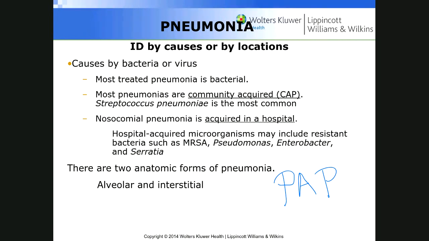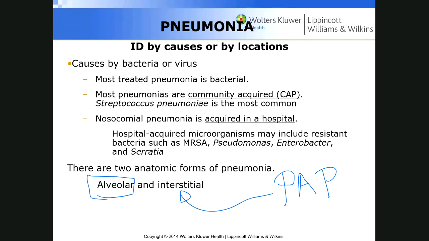If it's between the alveoli, we call that interstitial pneumonia. The primary atypical pneumonia, typically Mycoplasma, is the one where we see pneumonia in between the alveoli, the interstitial. Okay, Streptococcus or Staph don't tend to develop the interstitial type, but more the alveolar type of pneumonia.